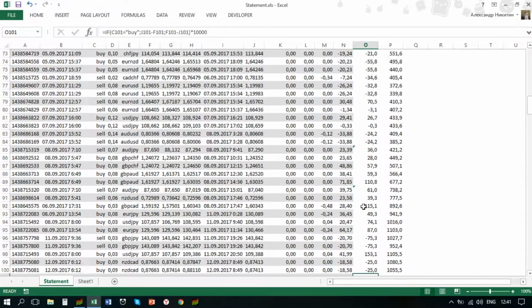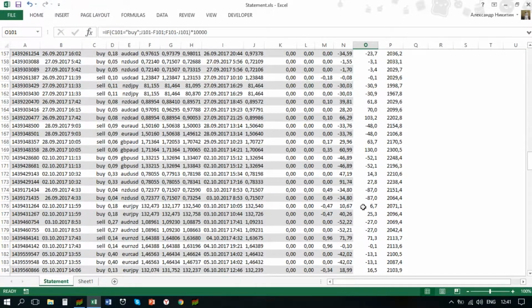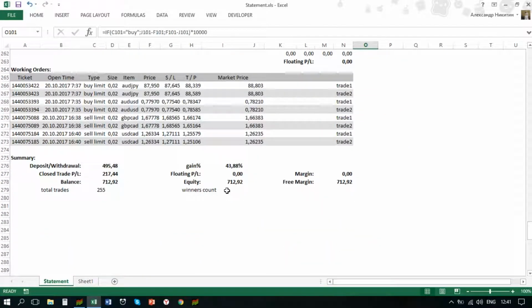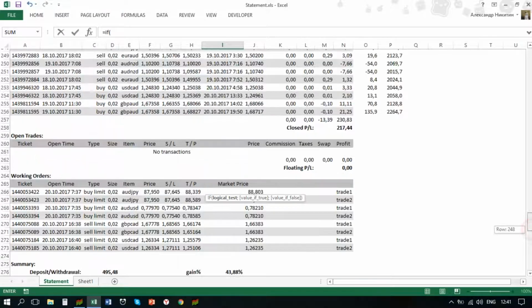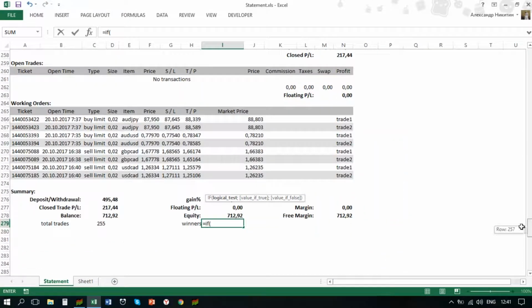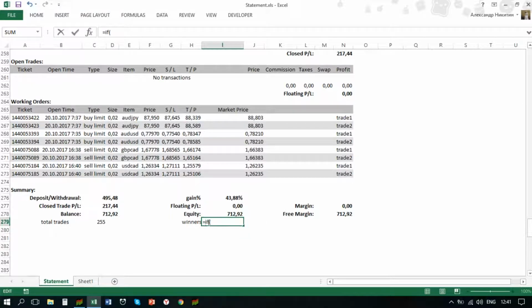Okay, so I will teach you how to calculate that. Now you should go to winners count. Type this formula: equals COUNTIF.